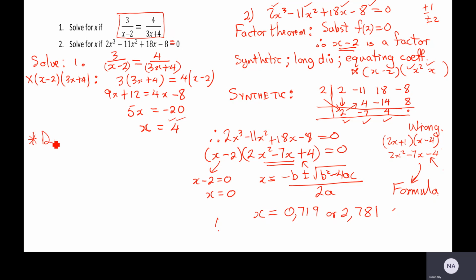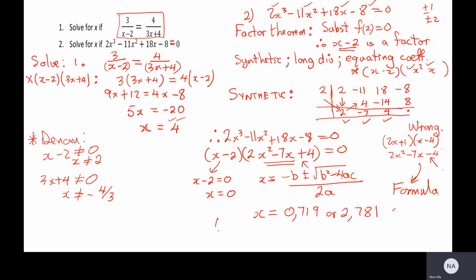Absolutely. There are two denominators, x minus 2 and 3x plus 4, and they cannot be equal to 0. In other words, x cannot be equal to 2. 3x plus 4 cannot be equal to 0. Transpose: x cannot be equal to minus 4 divided by 3.